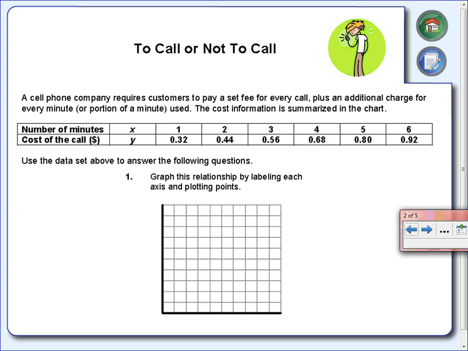Probably the hardest question you're going to come across on these four is number two. However, even if you don't get the answer to number two, it is still possible that you can come up with the answers to 3 and 4. So don't let one question hold you back.